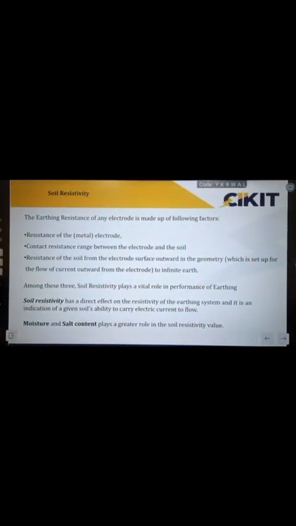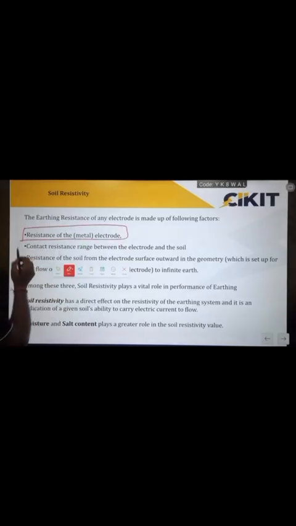The earth electrode resistance consists of three parts. The first is the resistance of the material, the second is the contact resistance between the soil and the earth electrode, and the third is the resistivity of the soil. Along the length of the earth electrode the conduction takes place, but all conductors have very low resistance.